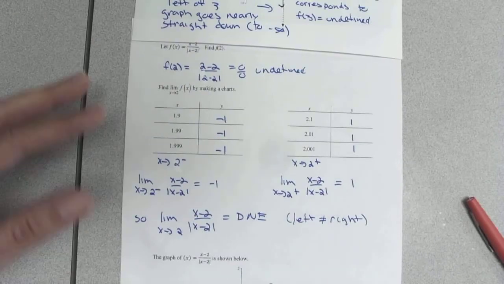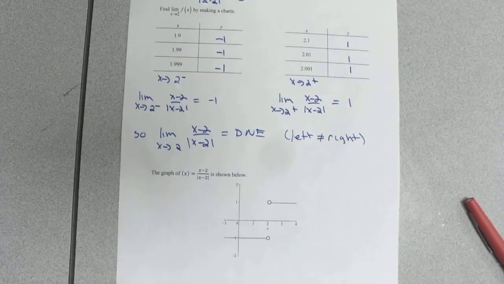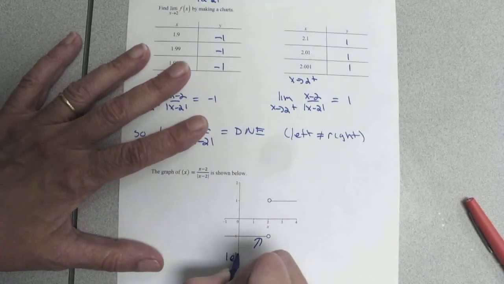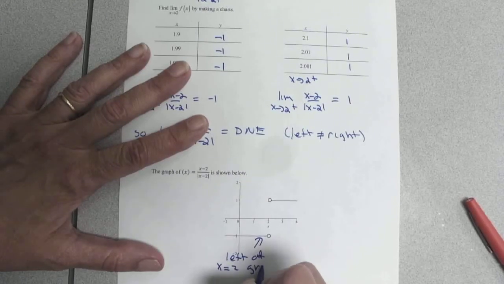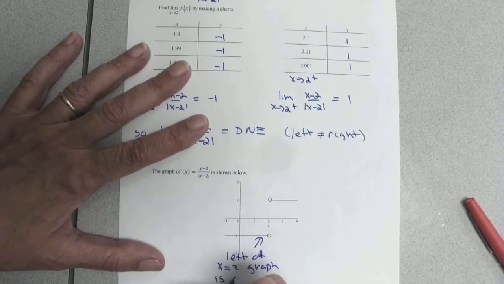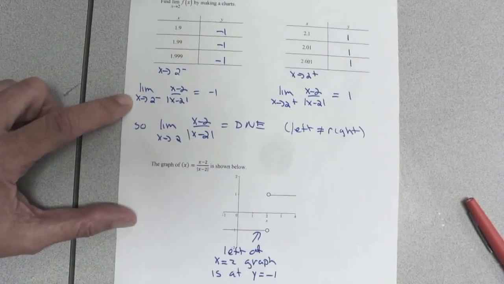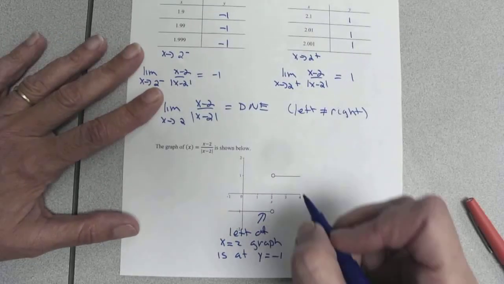Adjust this a little bit. And then when I look at the graph here, we see over here on the left of 2, left of x equals 2, the graph is at y equals negative 1, which corresponds to the limit on the left being negative 1.